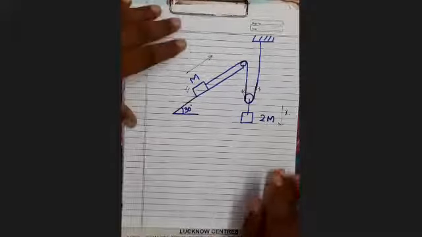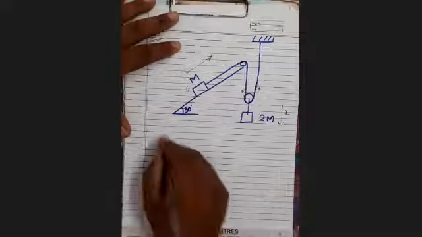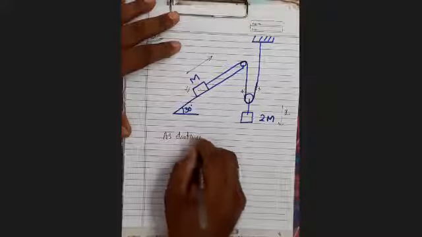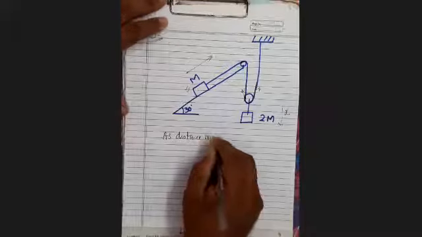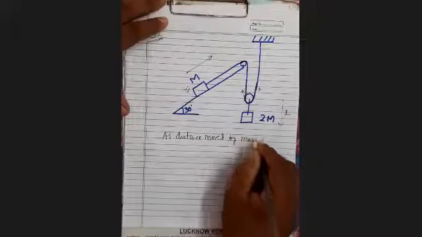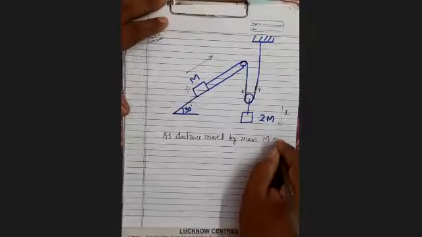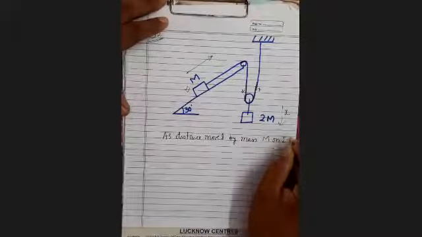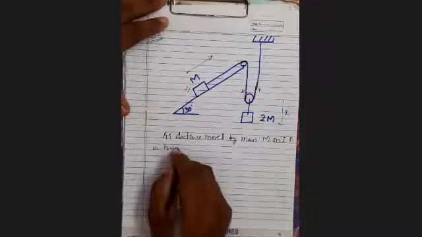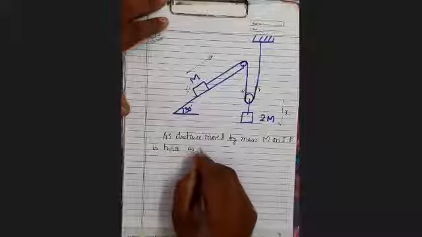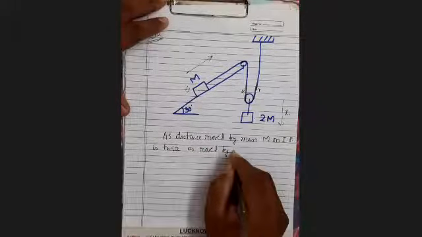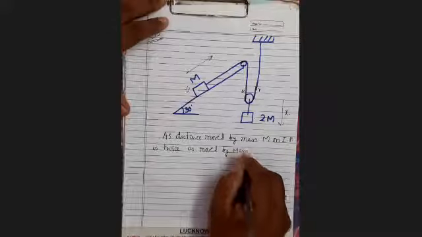So we will mention this: the distance moved by mass m on the inclined plane is twice that moved by mass 2m.